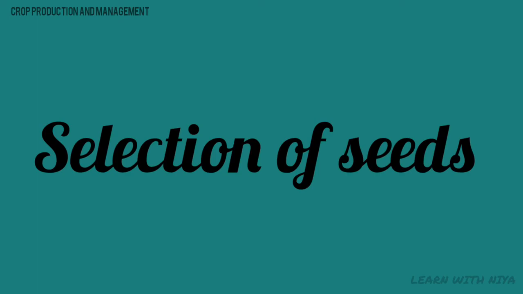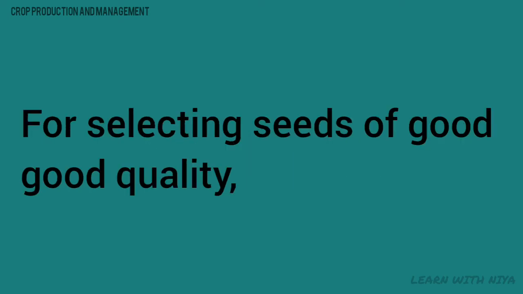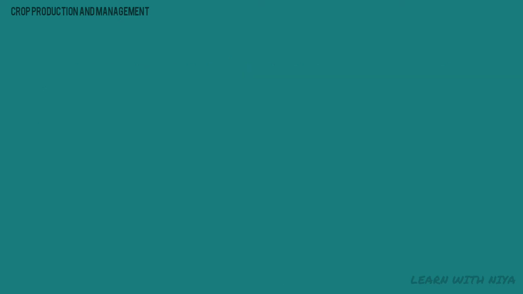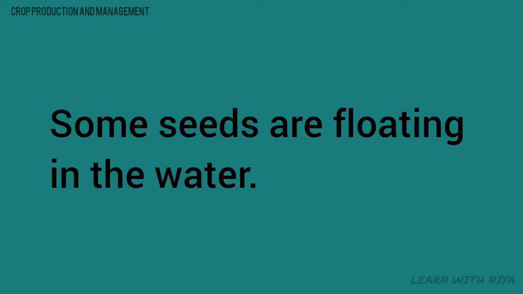Selection of seeds. For selecting seeds of good quality, you can take a beaker and fill half of it with water. Put a handful of seeds and stir well. After some time, you can watch that some seeds are floating in the water.